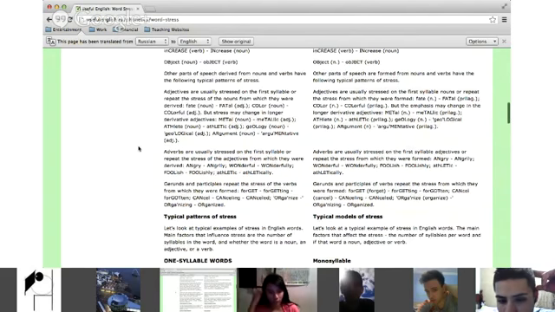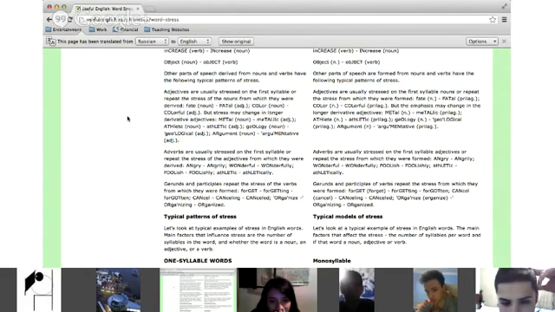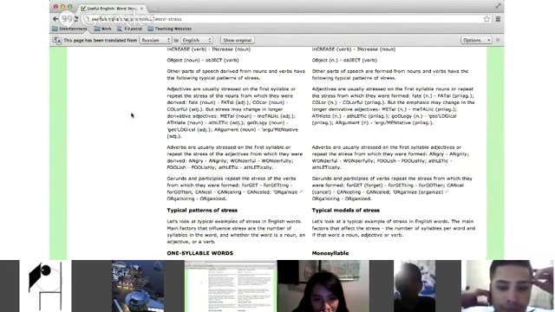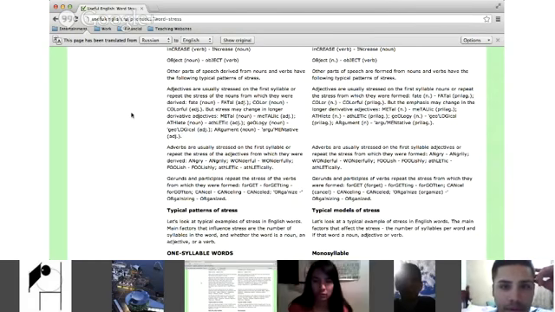these two paragraphs here, other parts of speech. Other parts of speech derived from nouns and verbs have the following typical patterns of stress. Adjectives are usually stressed on the first syllable or repeat the stress of the nouns from which they were derived.